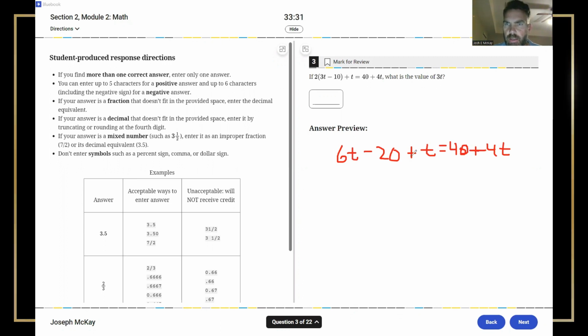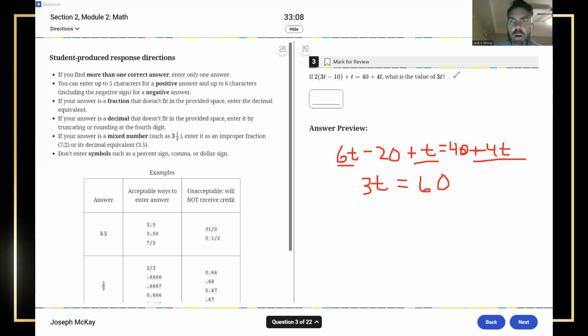Now I just need to combine like terms. 6t plus t is 7t, and I'm going to minus this 4t across. So that's 3t. Remember this one, because it's switching the equal sign, becomes a minus. Then I'm going to plus that 20 over to the other side, and I'm going to get 60.